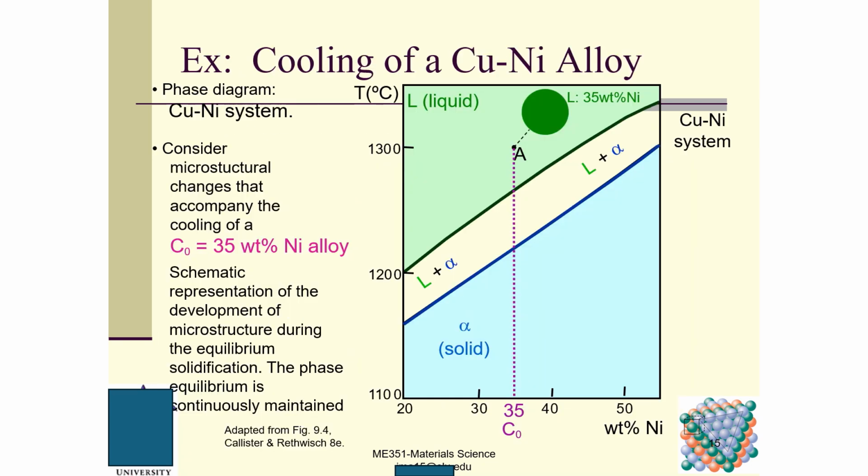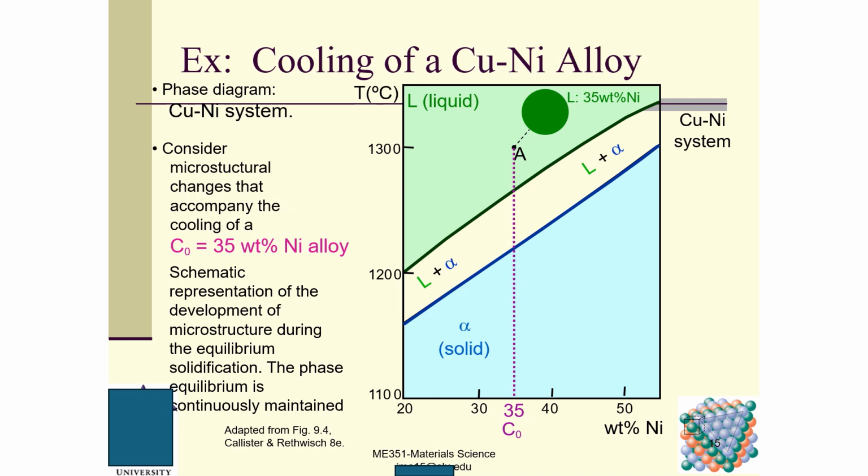Then we talk about the cooling of a copper-nickel alloy. This is a very, very important one. On the phase diagram of the copper-nickel system, the axis is denoted from 0 to 100, and we only focus on this point because it is 35.